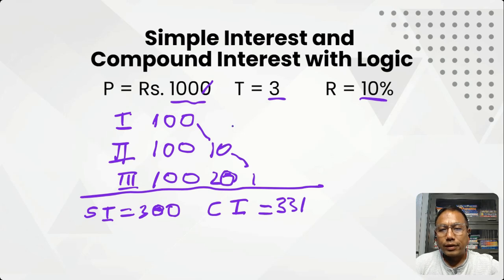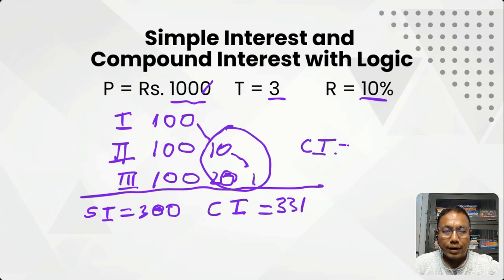The difference between compound interest and simple interest is compound interest minus simple interest, that is 10 plus 20 plus 1, 31. That is the difference between simple interest and compound interest from the principal 1000 at the rate of 10% for 3 years.